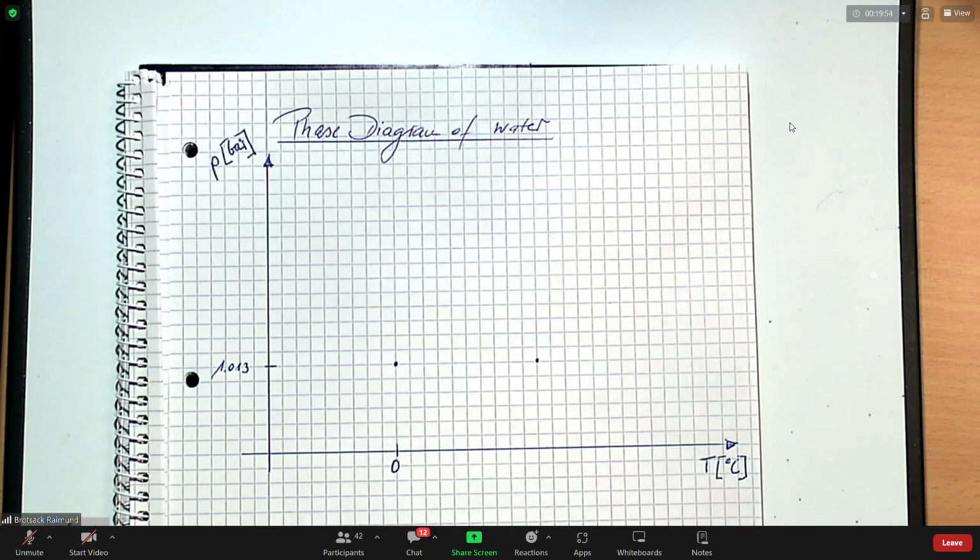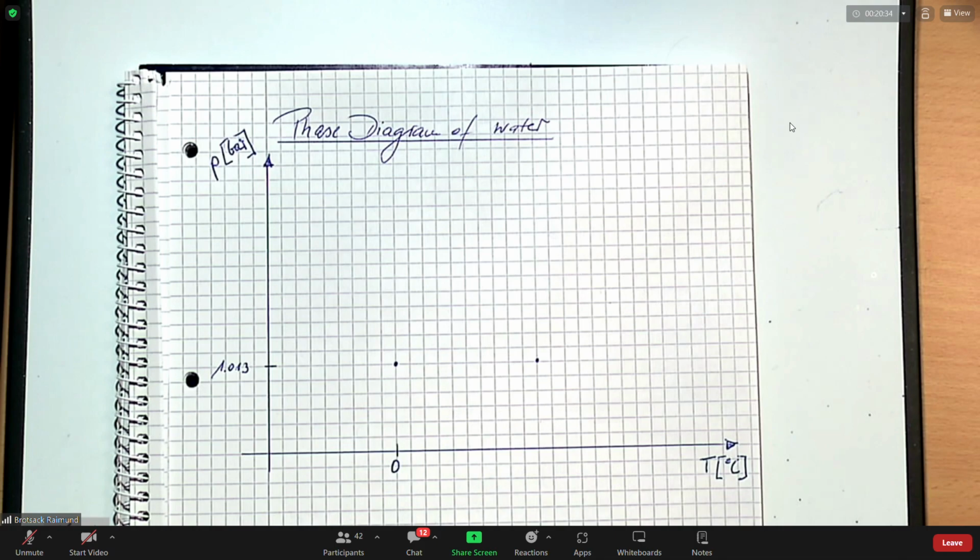Now, there is one speciality in the phase diagram of water. This is the so-called triple point. Did you already hear about the triple point of water? There is one point where we have the three phases: ice, water, and gas. And that point exists for water, and that's called the triple point.